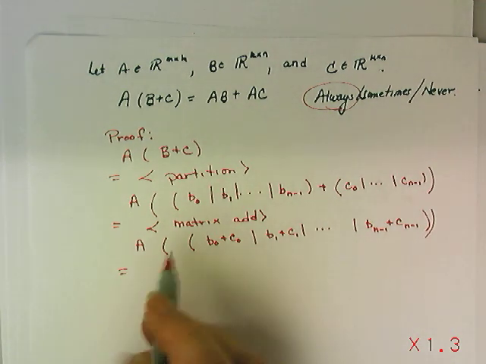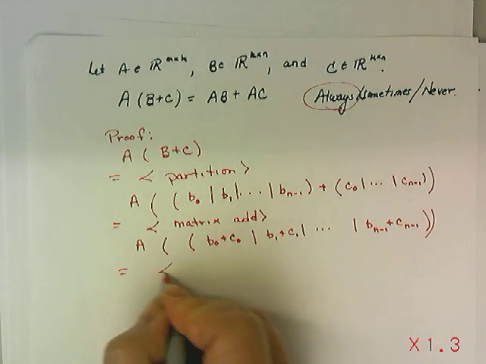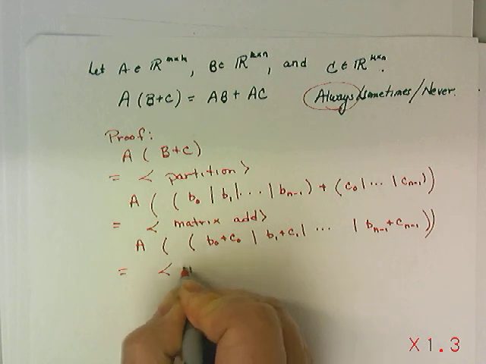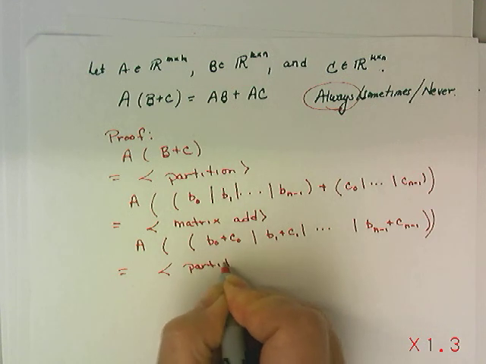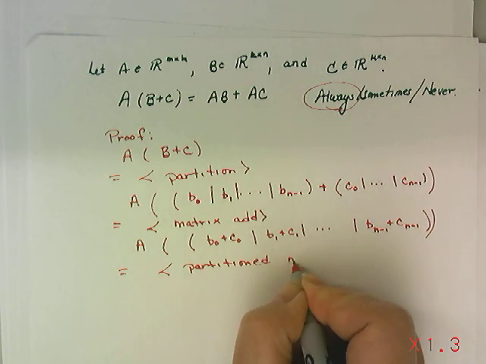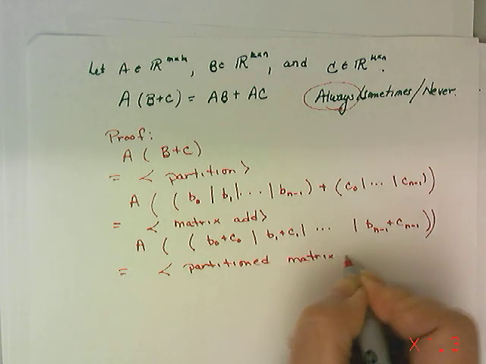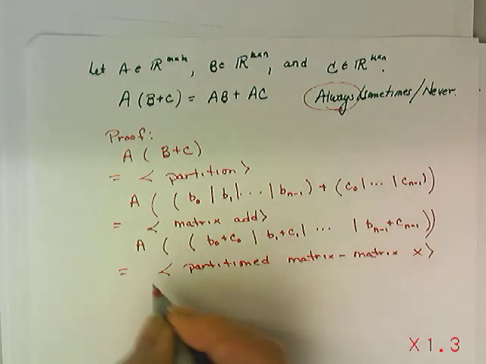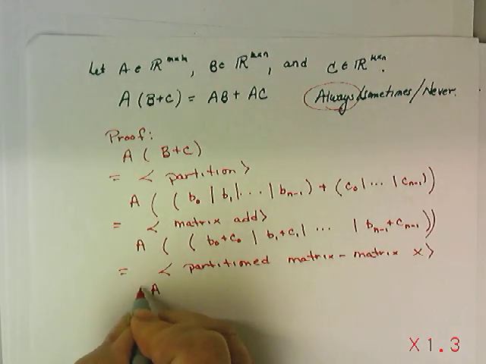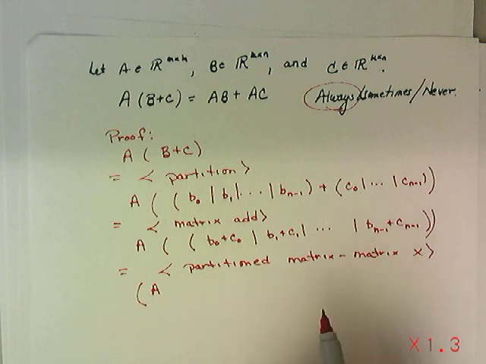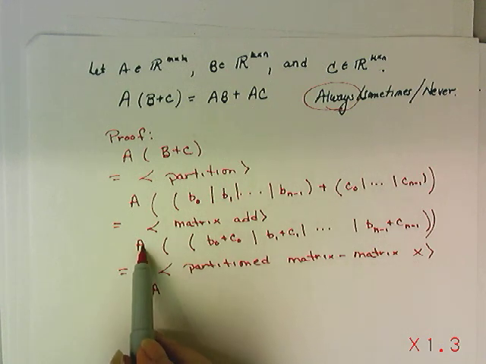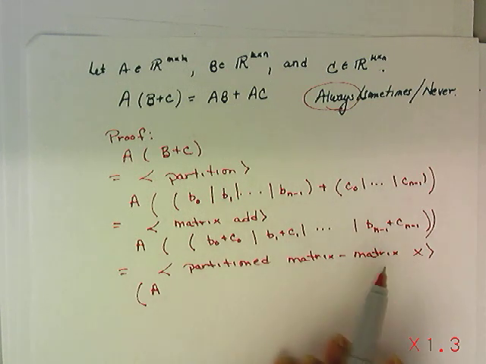Now, by matrix multiplication, if I partitioned into columns, I can write this as the matrix with columns resulting from multiplying A times each one of the columns.